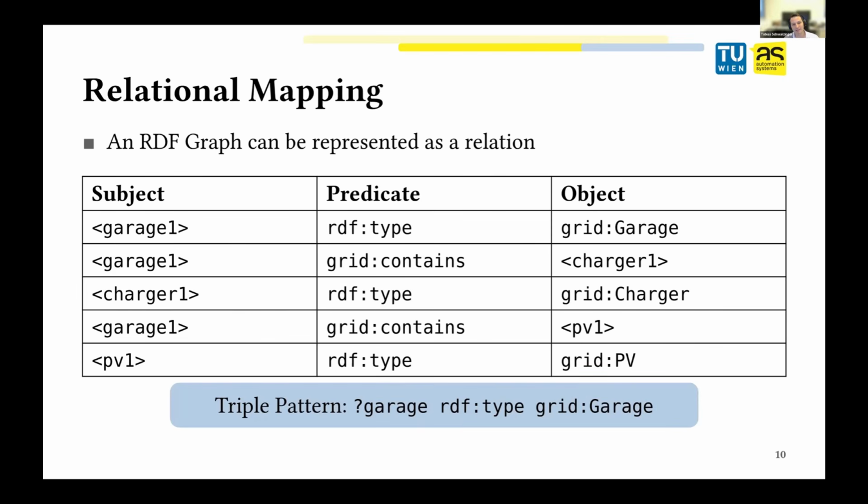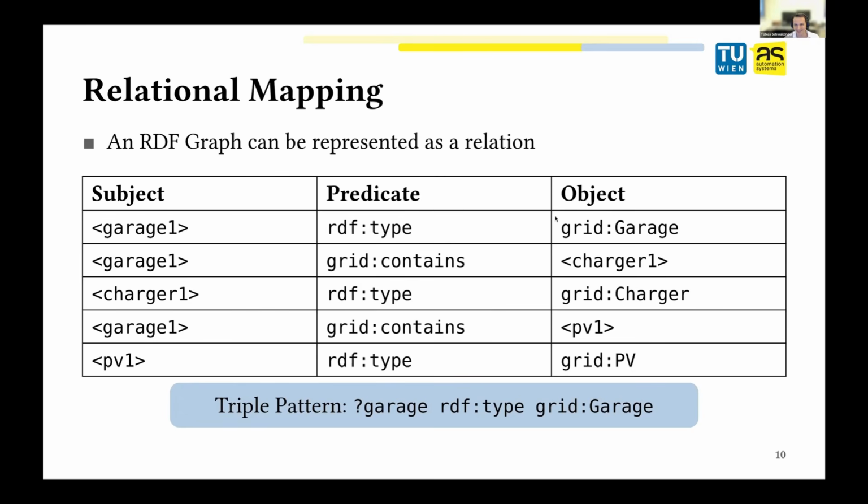A single triple pattern can then be evaluated against this relational mapping, where the variables become projections. So here we're renaming the subject column to garage, and the other two become selections, or filters, basically, and just reduce our table to, in this case, the garage 1 row renamed to garage, because we only have a single garage in this data set.